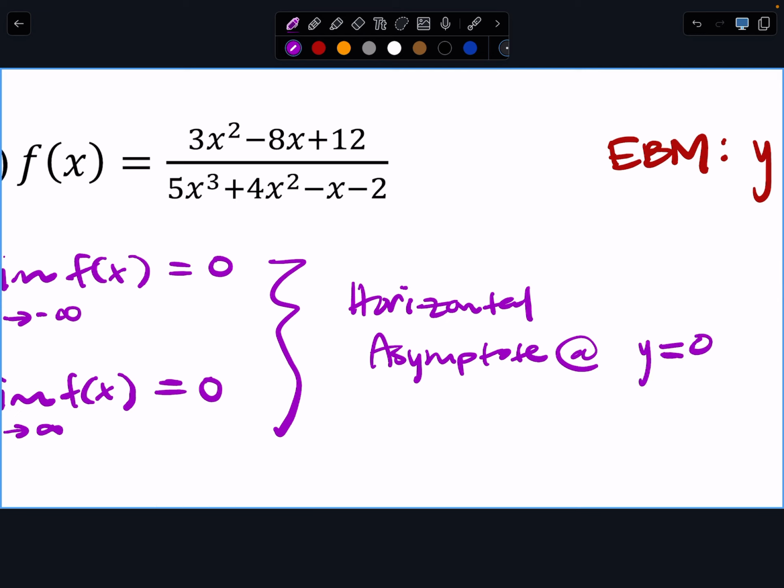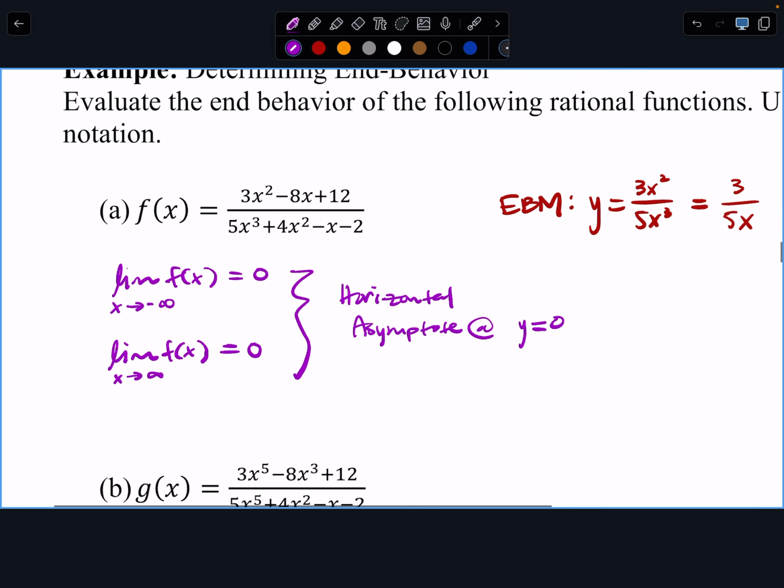And that's understood amongst us. When I say there's a horizontal asymptote at y equals 0, it's understood that that describes what the end behavior of this particular function is. That gives us a picture and a way of describing the function's end behavior.